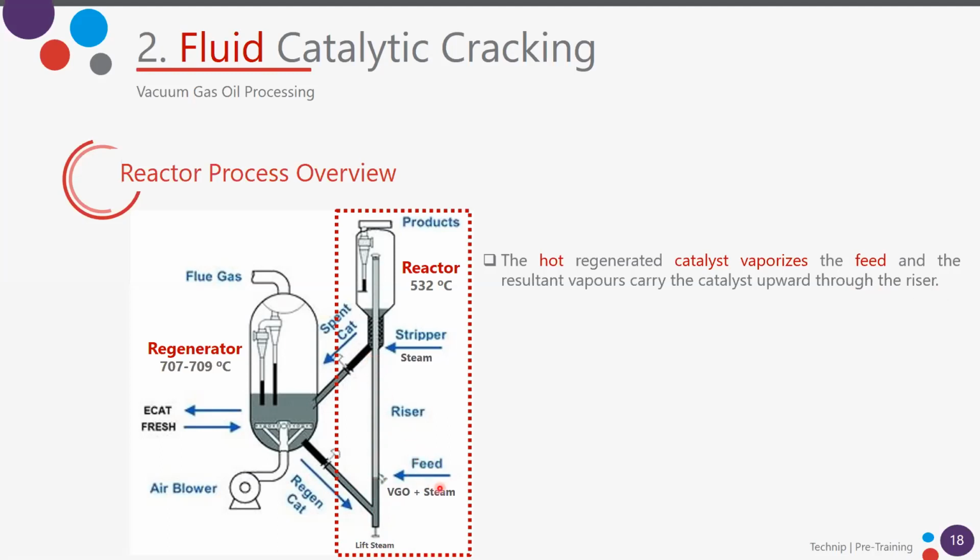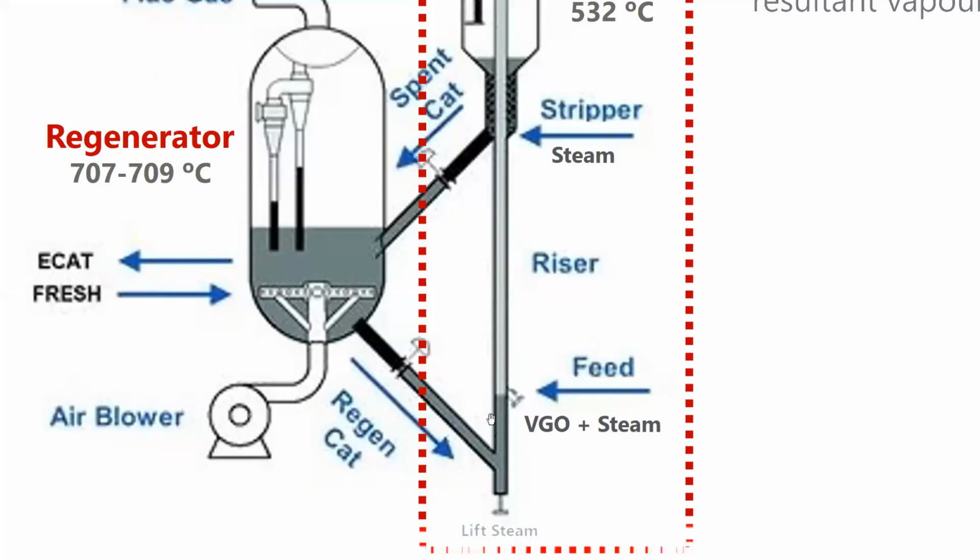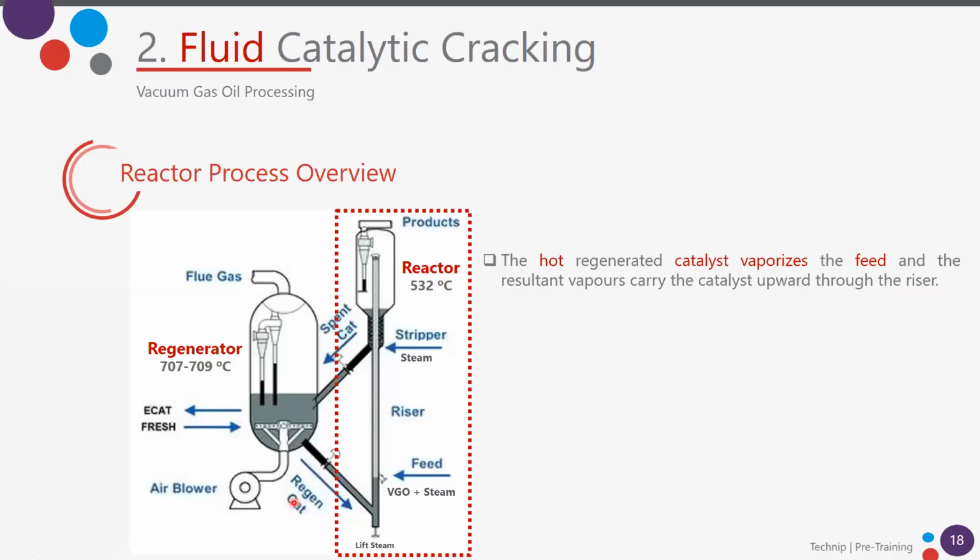So remember, we have here the feed, that is our vacuum gas oil, plus some steam coming into very specific nozzles that we have here in the riser. Here is coming the catalyst from the regenerator.